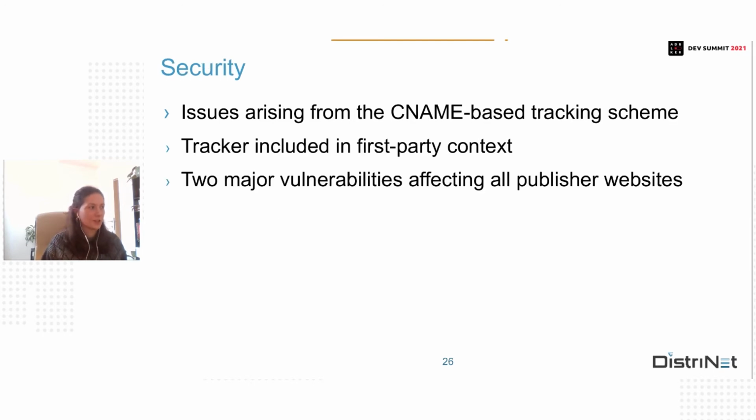And speaking of security issues, we also found that due to the way that the CNAME-based tracking scheme is set up, because the tracker is included in a first-party context with relation to the visited website, two major web security vulnerabilities were possible, which were affecting all of the publisher websites using the tracker.